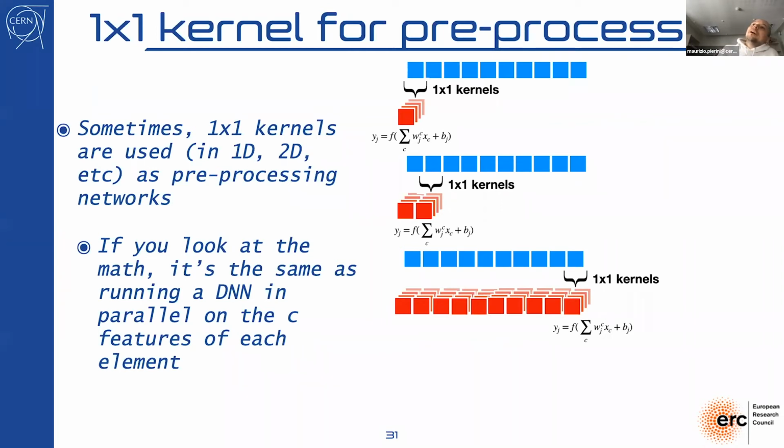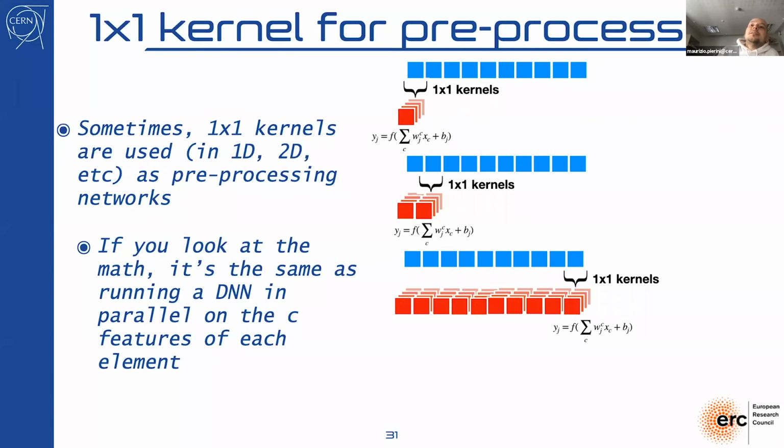So wherever you have a problem in which you think that the first stage of your processing should be some reshuffling of the input information into some function of those, the architecture you want to use is a one-dimensional convolution with a 1 times 1 kernel. For instance, this is used in the CMS and ATLAS B-tagging algorithms, which were the first algorithms using deep learning, and they use this kind of trick.